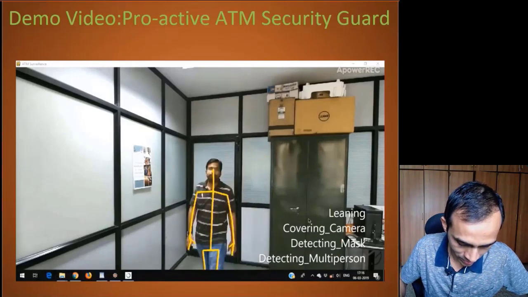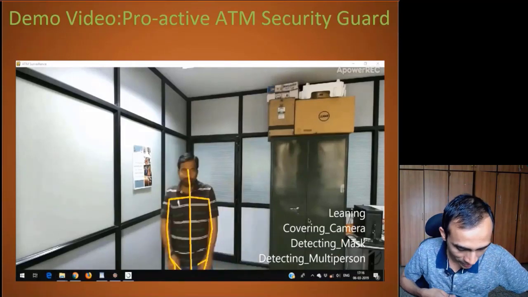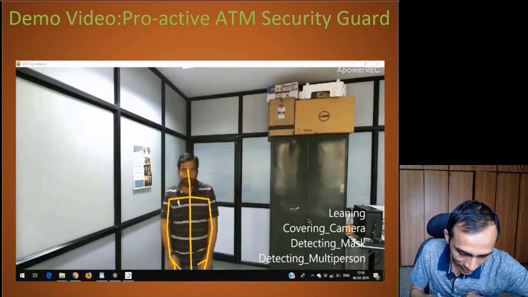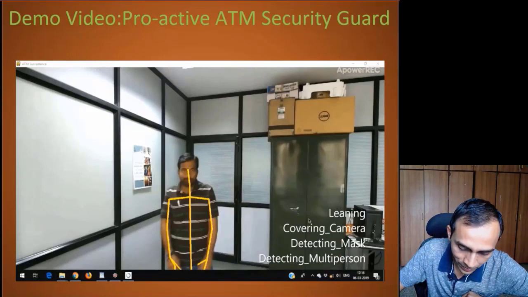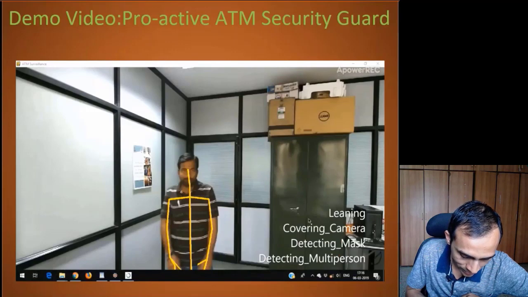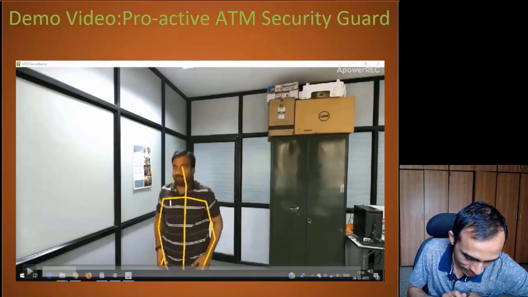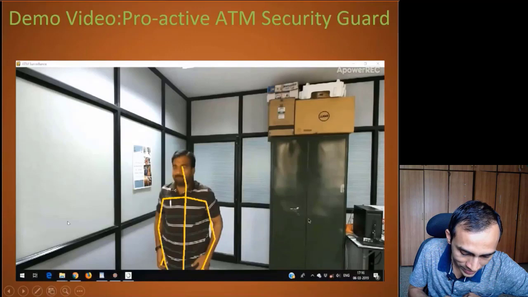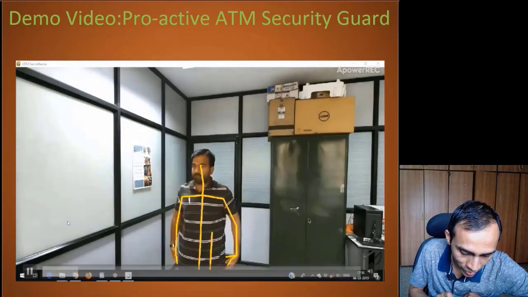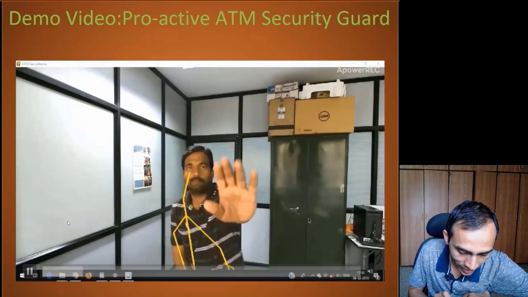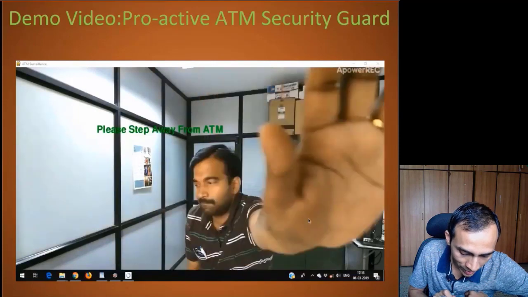Here the person is entering. For example, if a person tries to bend down, the system detects that he is bending down. If he tries to cover the camera, it detects that he is trying to cover the camera.